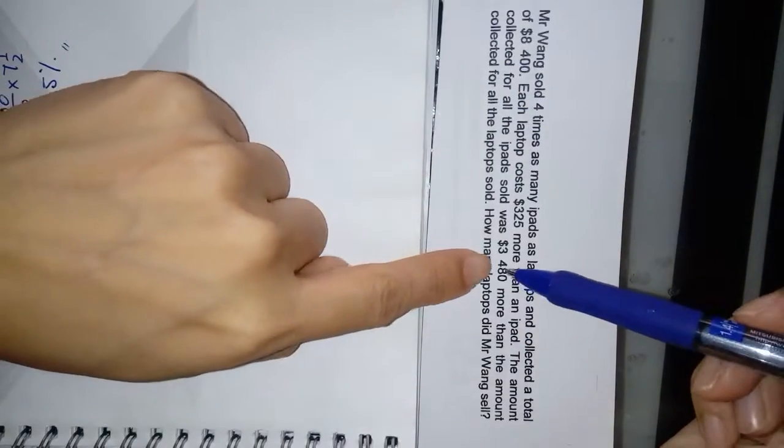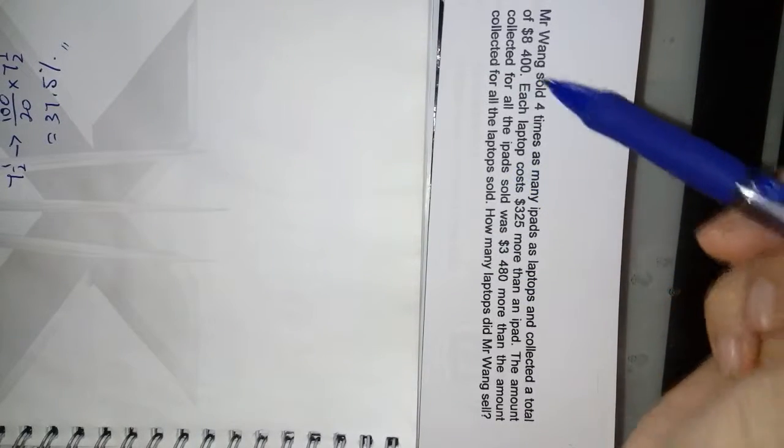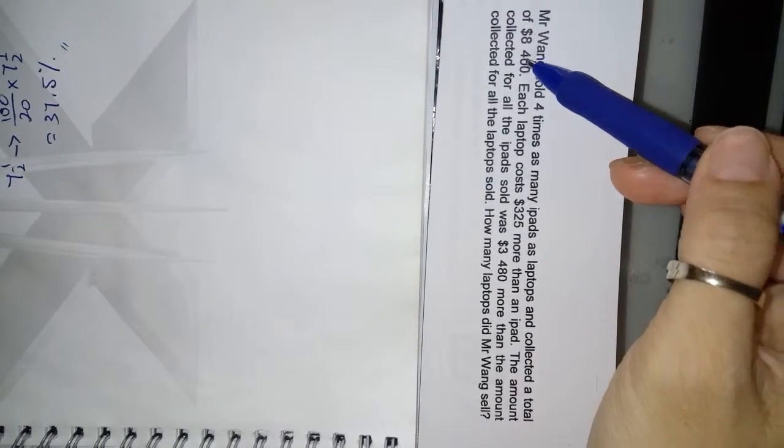Now look at this amount. You collected $3,480 more for iPad. The total amount is $8,400. So if you can link this number and this number, did you realize that it looks like this?